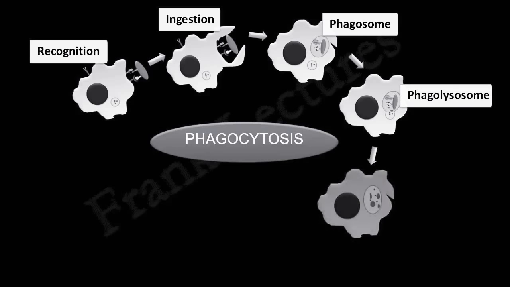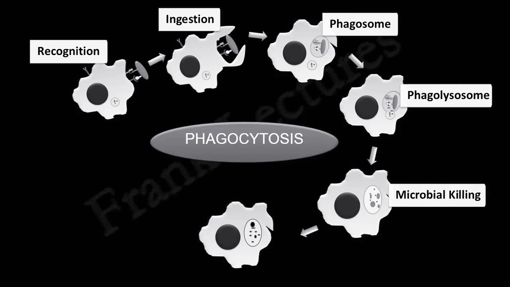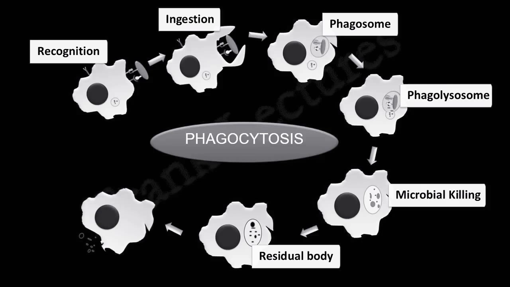In this phagolysosome, microbial killing takes place, which further results in formation of a compartment known as residual body, which contains indigestible material after microbial killing. And finally, the indigestible material is removed out of the cell by the process known as exocytosis.